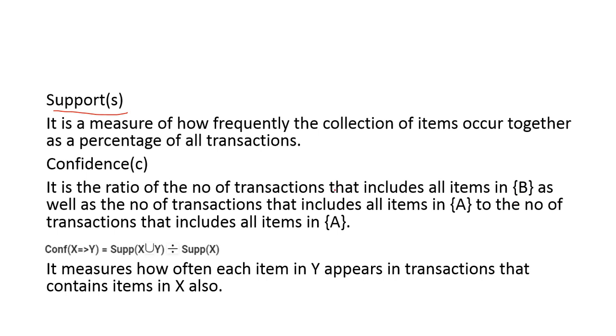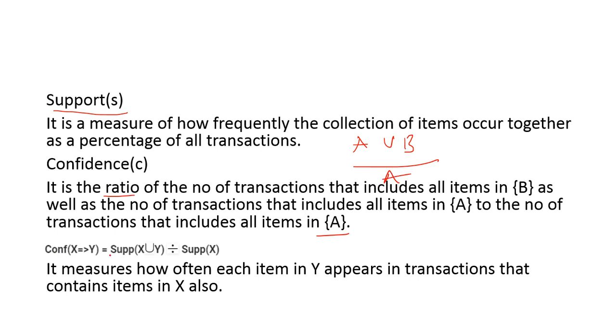See, the ratio of the number of transactions that include all items in B as well as A: this is the numerator part, and the number of transactions that include all the items in A is the denominator part. So we can say A union B, that means how many items in A, how many in B, divided by how many items in A. तो दिस इज नथिंग बट द कॉन्फिडेंस.